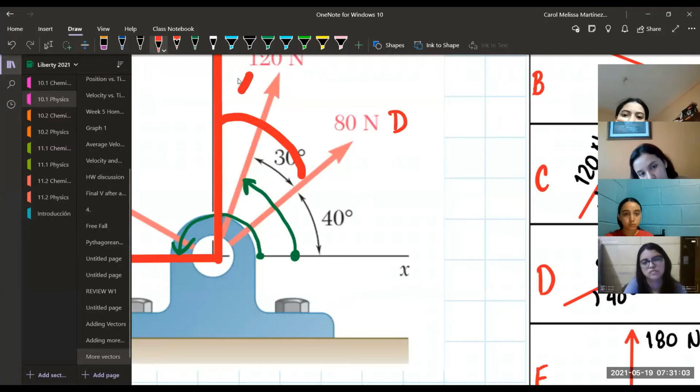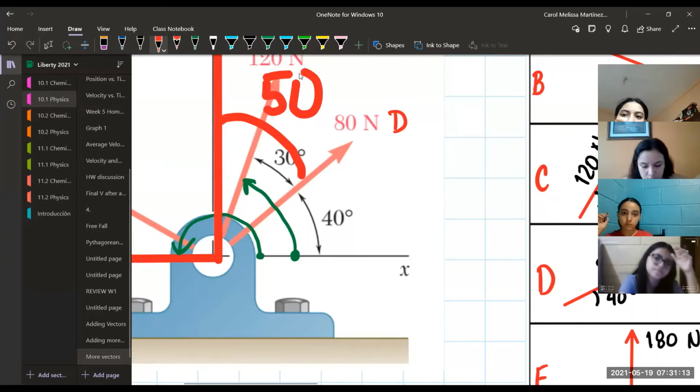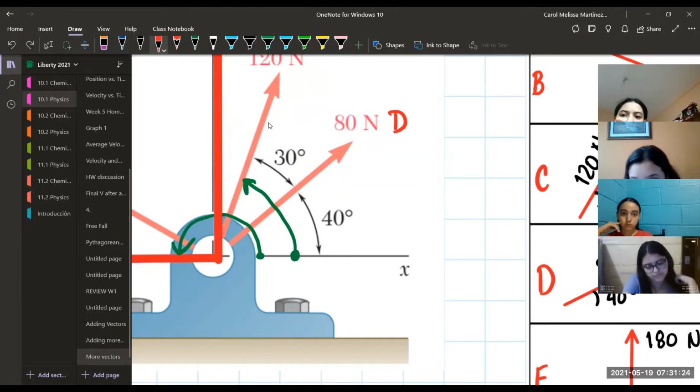In that case, I will need to find this angle that is 20. So it would be 50 degrees for this angle, and from the other angle, it's going to be just 20. But it requires an extra procedure.